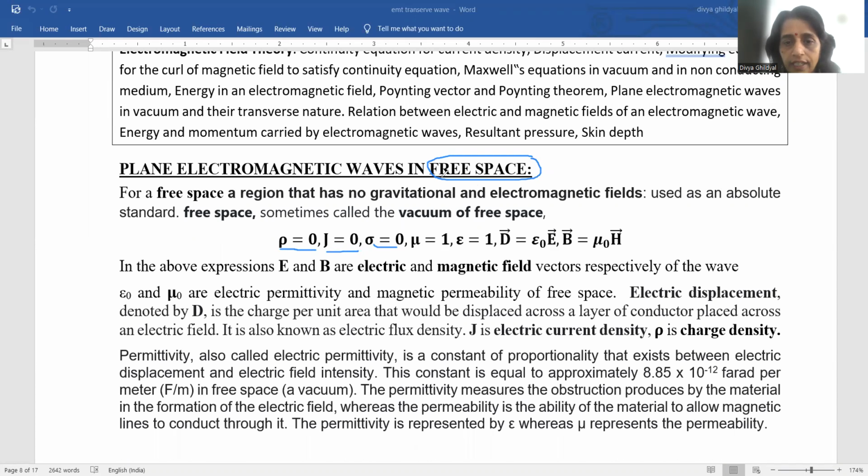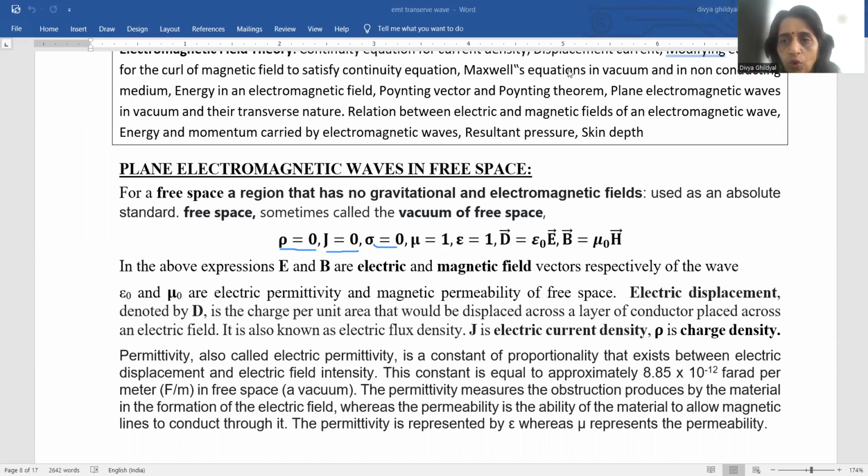So we are taking the condition of free space, meaning no charges present, a totally chargeless place, which is known as free space. In free space, we have a region with no gravitational and electromagnetic fields.